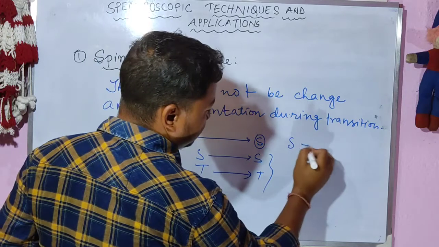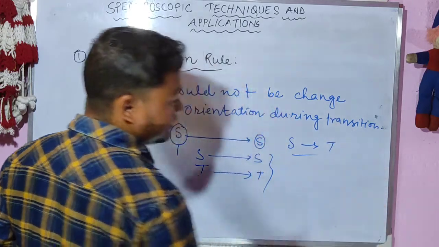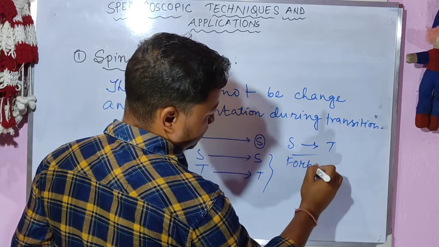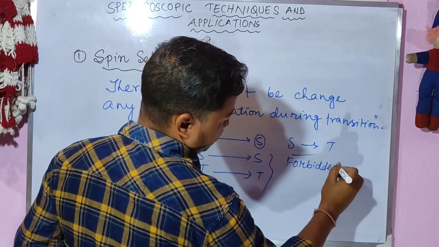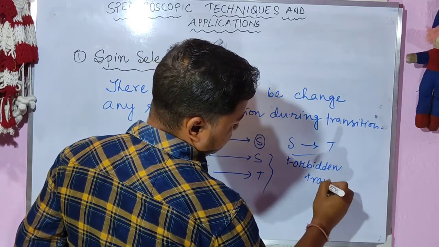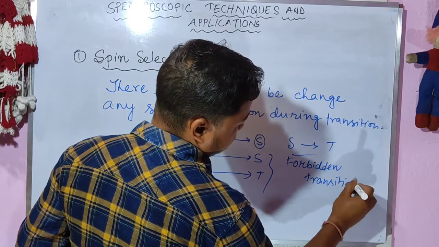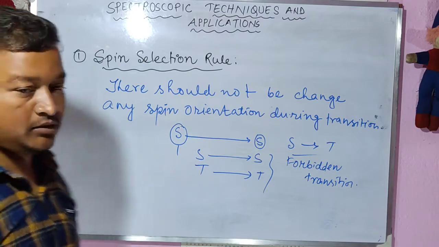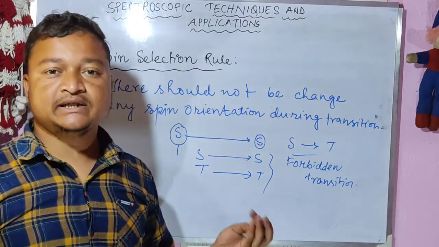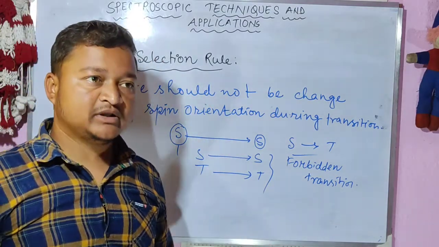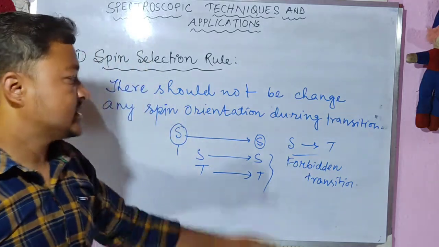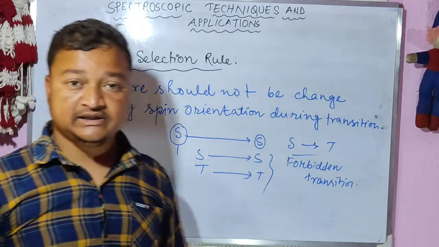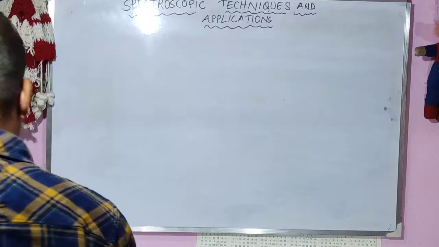But singlet to triplet, or triplet to singlet, is a forbidden transition. This is the spin selection rule.